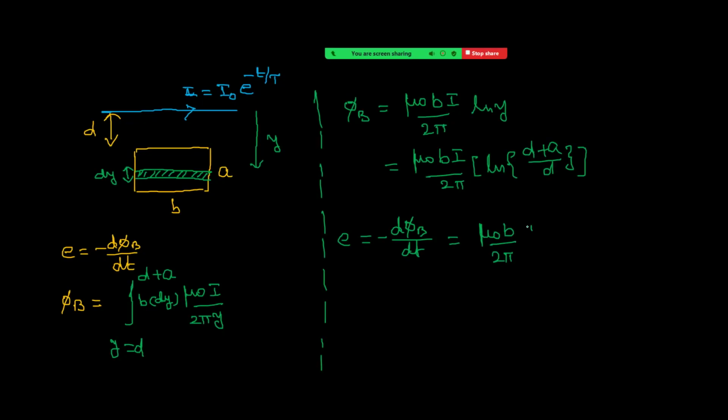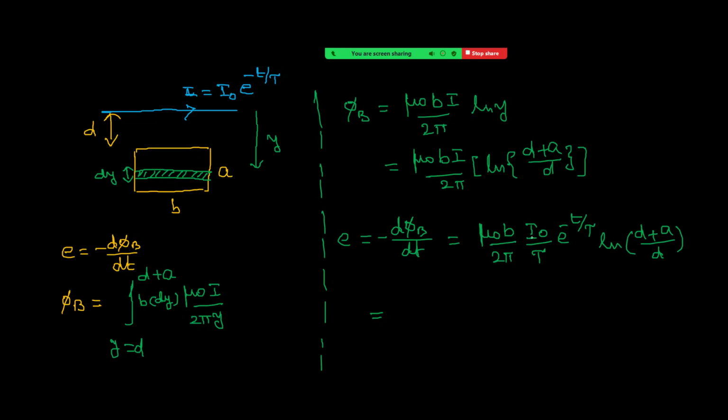It is I naught by tau, having there a minus, because this is minus t by tau; minus and minus get cancelled. So mu naught b by 2 pi, I naught by tau into e power minus t by tau. And the remaining is ln of d plus a by d. Okay, that is our final answer.